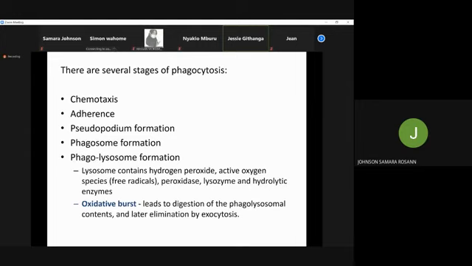Now, you know that the white cells will be circulating in the blood. They will then adhere to the vessel wall close to the area where there's that infection or inflammation, and then they will move out through the blood vessel. Then they will form pseudopodia, where they will engulf the organism.